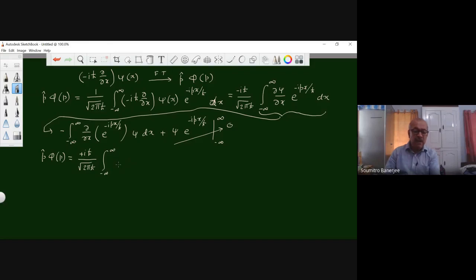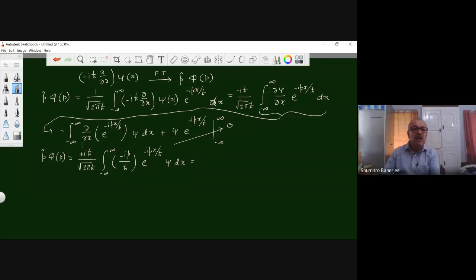If you differentiate this with respect to x, you get minus i p by h cross. It will be e to the power minus i p x by h cross psi dx.